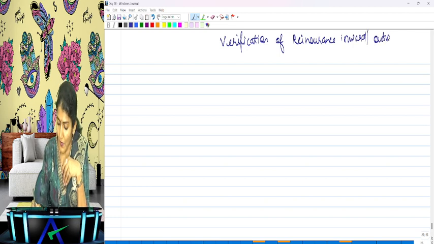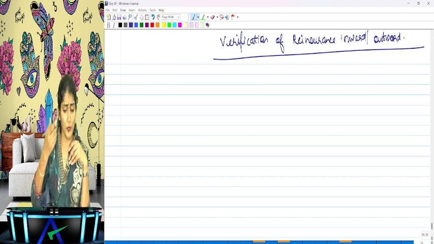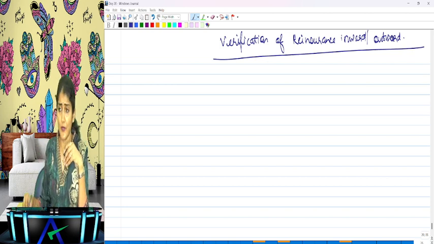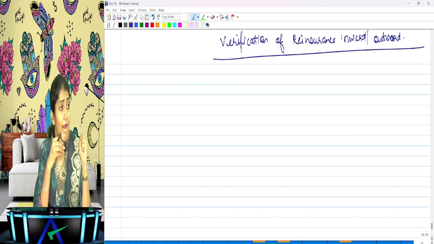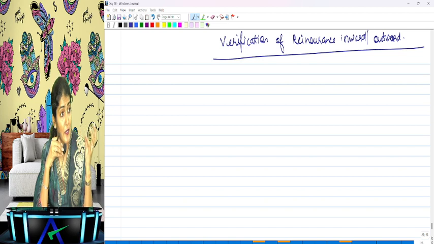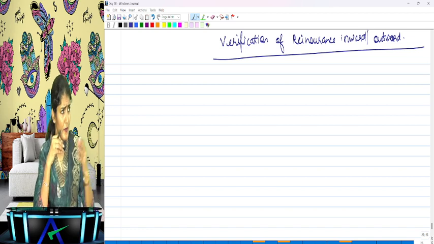What I will do, I will prepare a common list of these points. For inward, what you need to write in which way: if it is reinsurance inward, premium will be received. And if it is reinsurance outward, then premium will be paid. So that you need to keep in your mind.